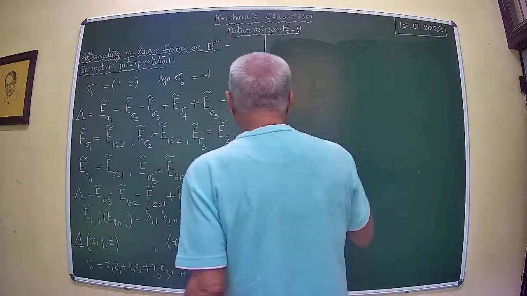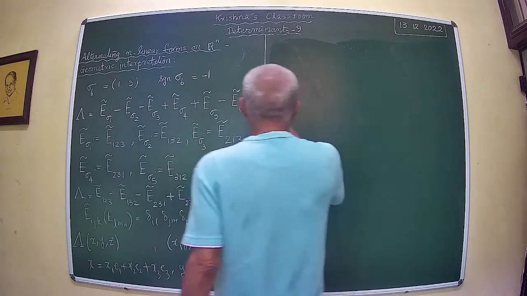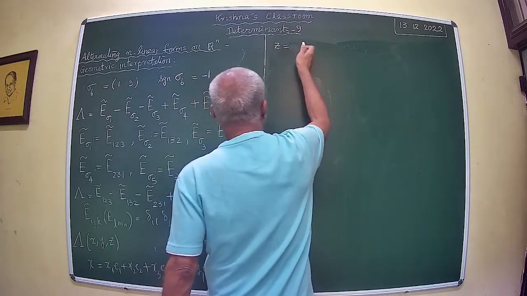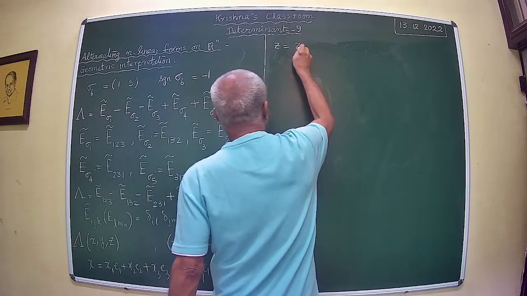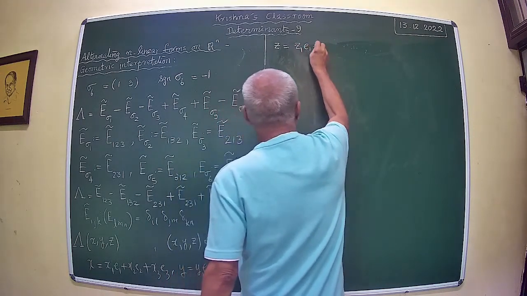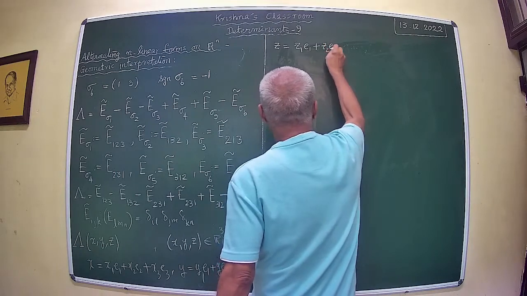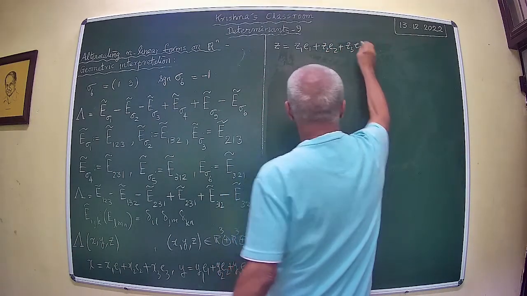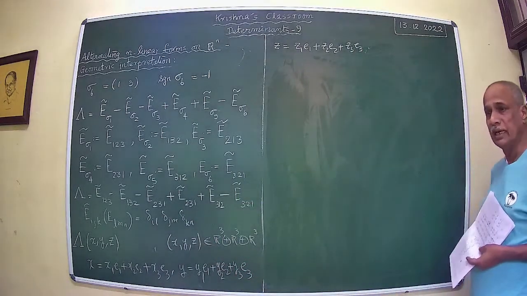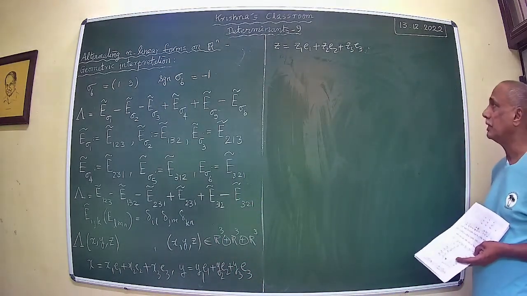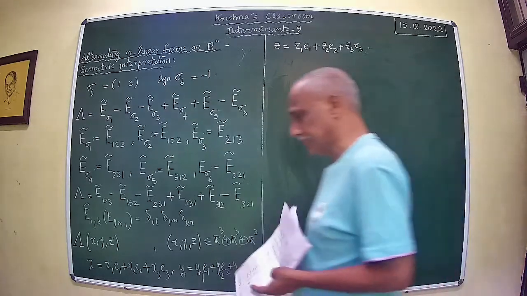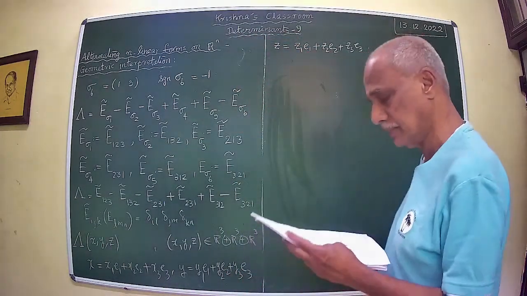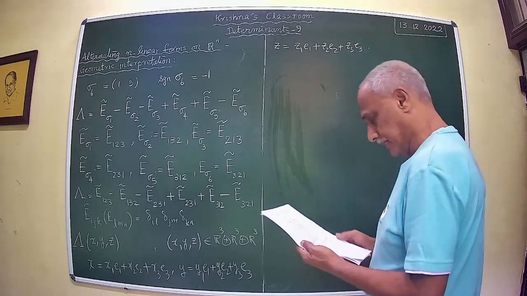That is the unique representation, meaning the triple z1, z2, z3 represents Z with respect to the ordered basis e1, e2, e3.